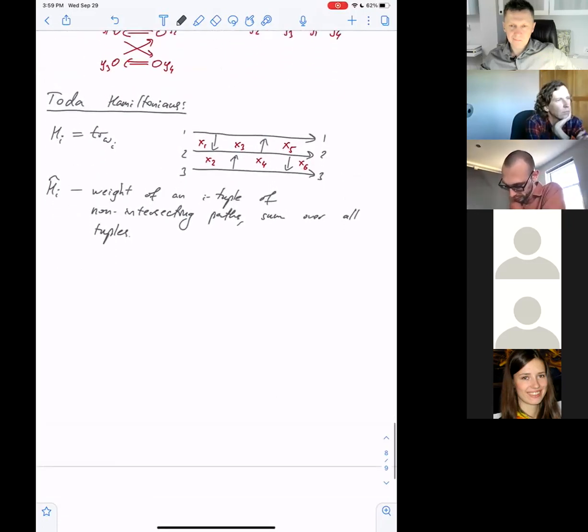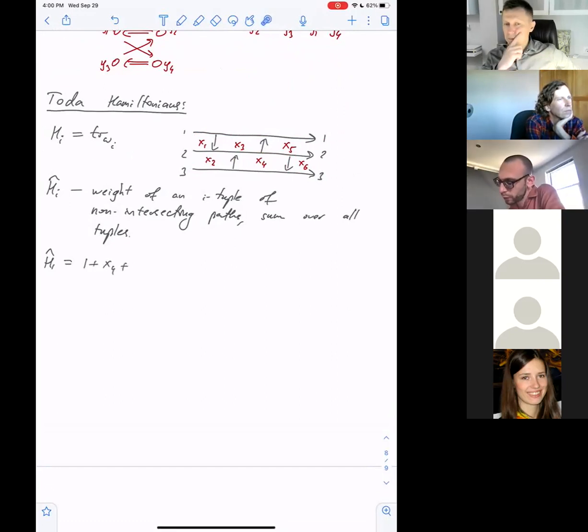So let's see what's H1 hat. Well, H1 hat is just the sum over all possible paths from 3 to 3 and 2 to 2 and 1 to 1. Right. So this is literally the trace. Now, what do we have? Well, first of all, 3 to 3. There's this path, and there's this path. Right. So there are two of those. So I get 1 plus x4.